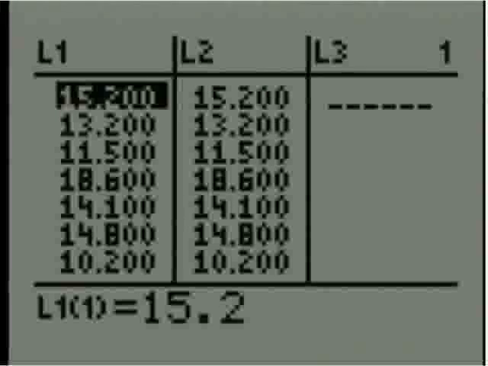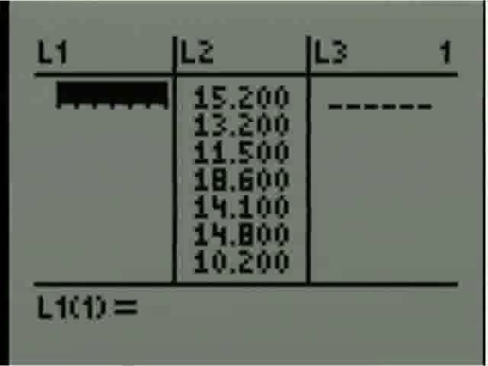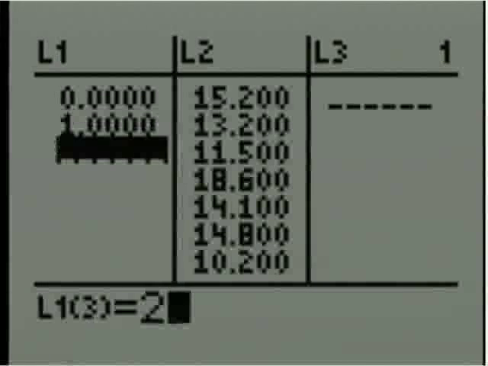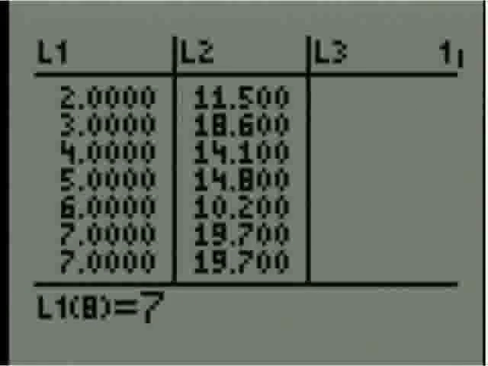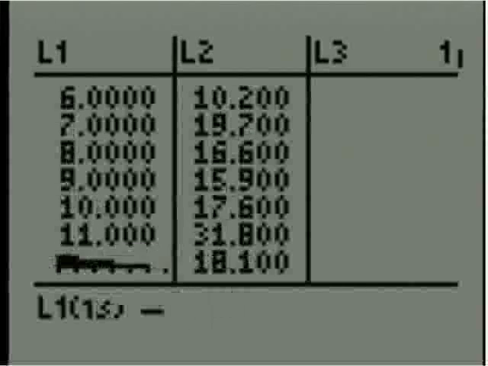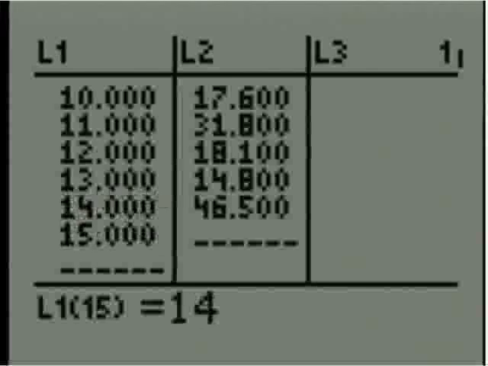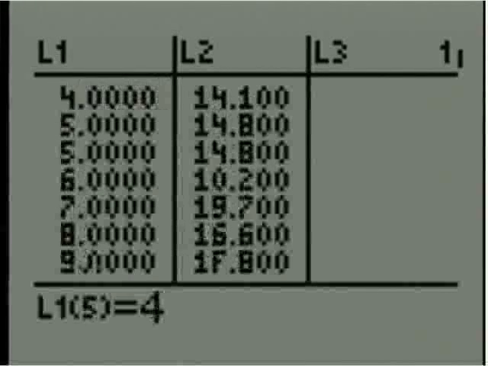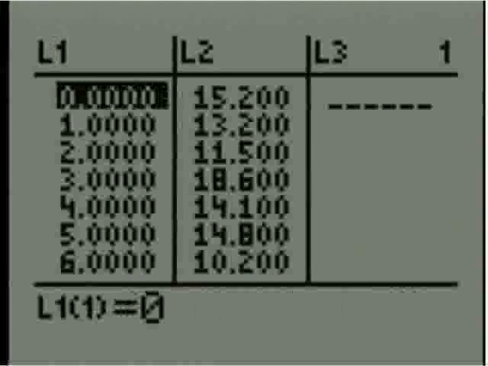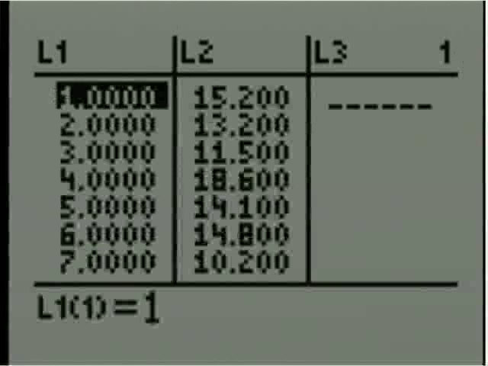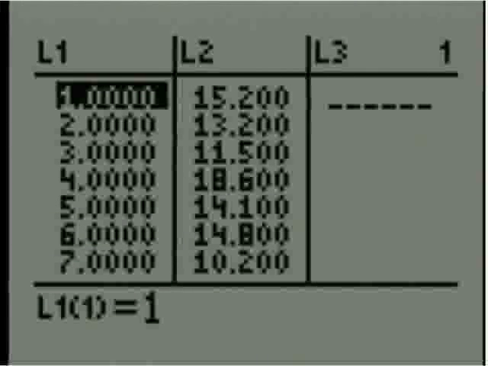And over here in L1, I'm going to clear it out and put in 0 through 15. Whoops, actually, I don't need the 0. I'm going to delete the 0. The probability is to be calculated, but really it's my first position, second position, so I don't actually need the 0 there when I enter it in my calculator.